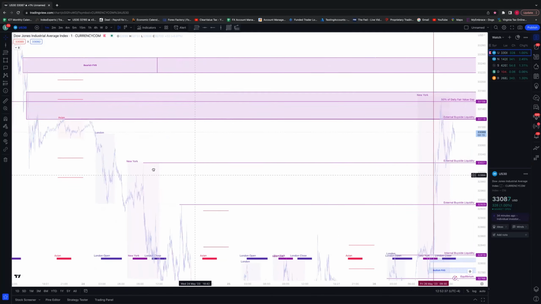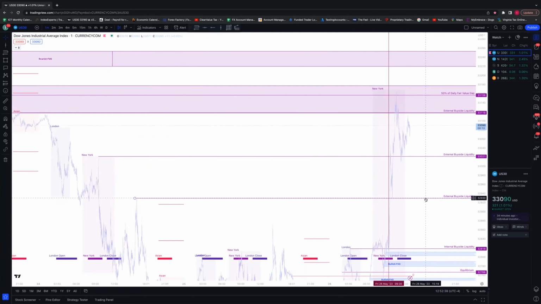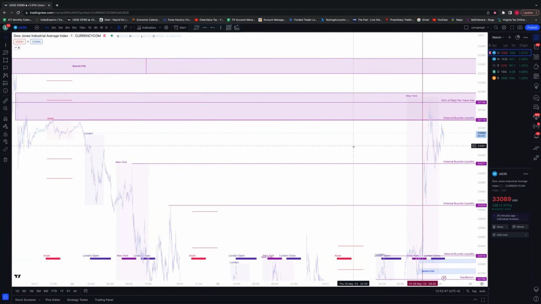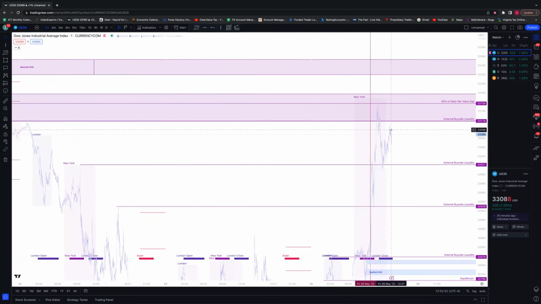So we are to assume that every time we take an external buy side liquidity, we're going to continue to climb until we find possibly a higher time frame fair value gap, and we're going to fill it at least 50%, and you can look for a reversal.